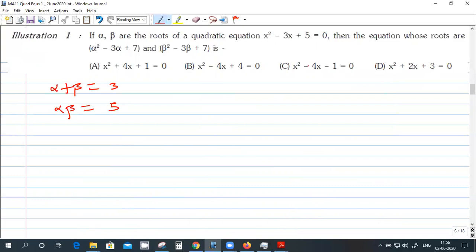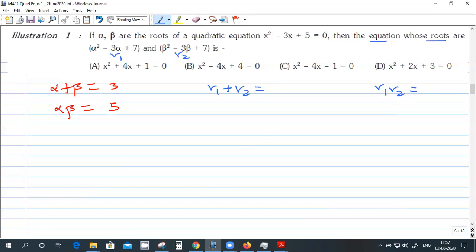Then the equation whose roots are, let me call this root 1, root 2. So I have to find R1 plus R2 and then R1 R2. If I find this, I can find the equation, right? Is that clear? Yes, sir. Equation whose roots are R1 and R2. So I have to find R1 plus R2 and R1 R2. So this I can simplify.